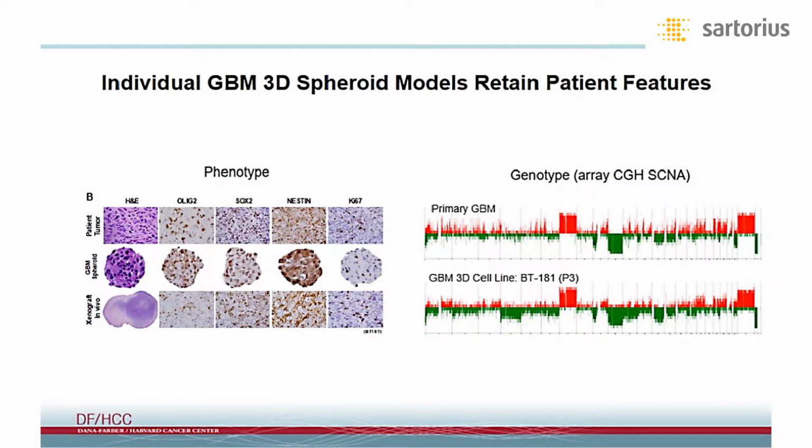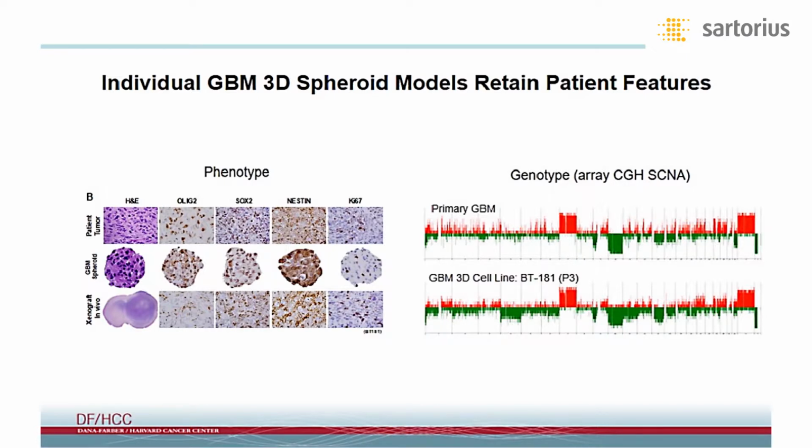Just quickly to show the level of fidelity that models have on an individual patient level, if you look on the left, the patient tumor is on the top. In the middle is the GBM spheroid, three-dimensional cell line shown there. And on the bottom is a xenograft derived from those cell line spheroid cultures.